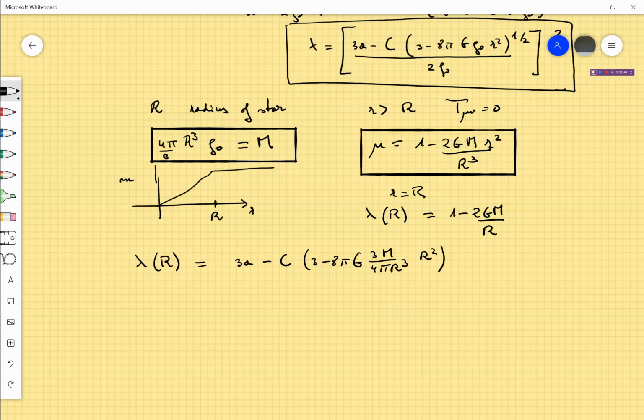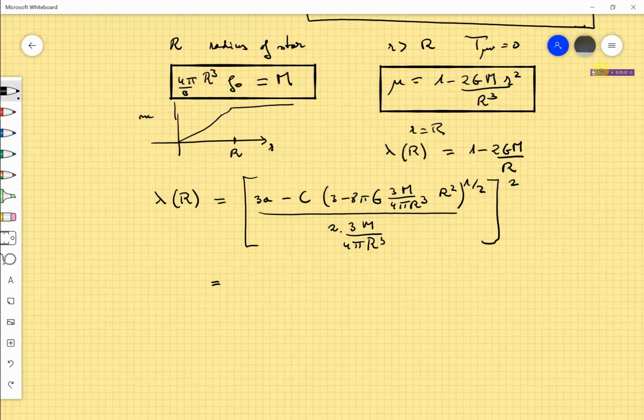We are evaluating this function like that, and then we have 2 times again 3M divided by 4 pi R cubed, and all this comes with the square root, and this comes squared.